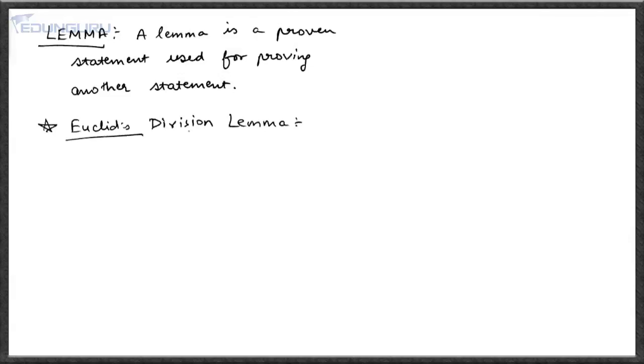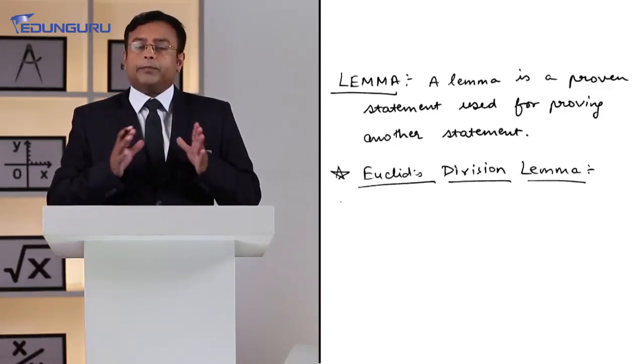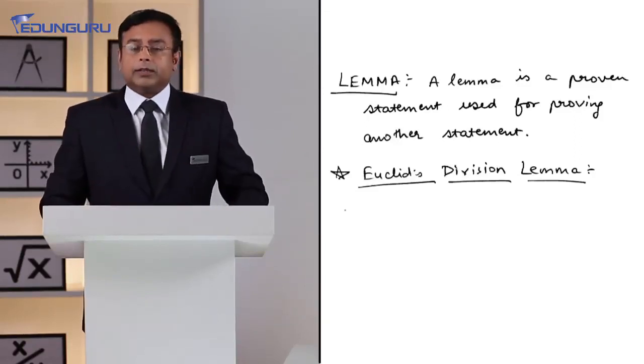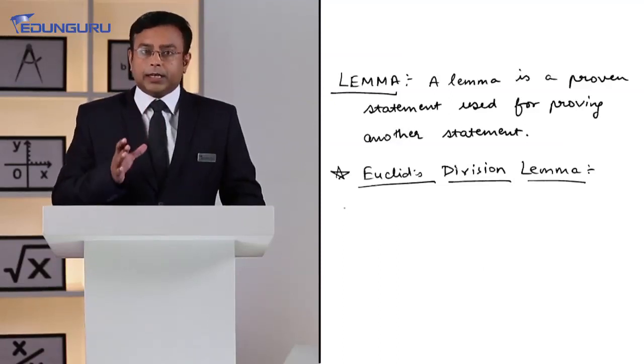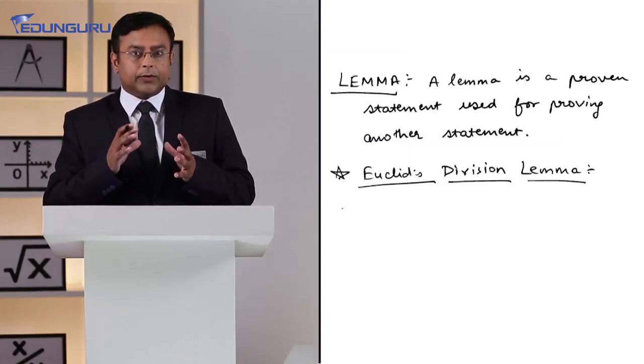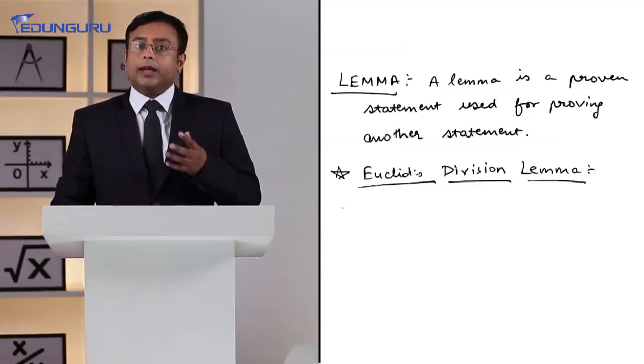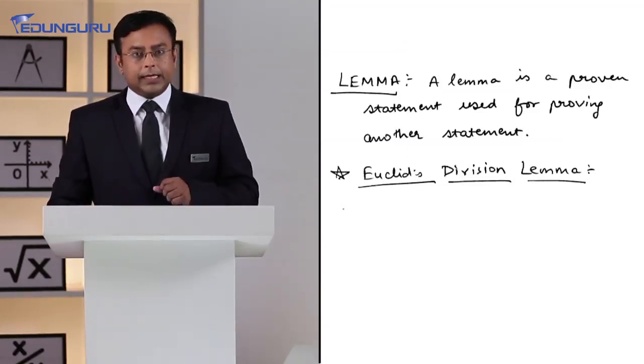Now see, division is something that is not new to you. You have divided small and big numbers right from probably class 2 or 3 or 4 also. In fact, today you are in a position to divide many different types of numbers, including algebraic quantities as well, isn't it?